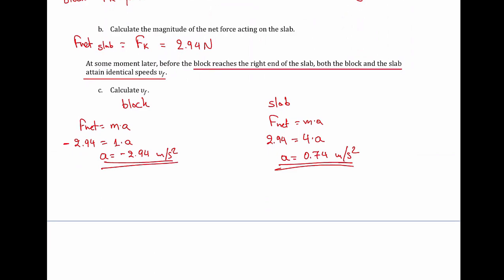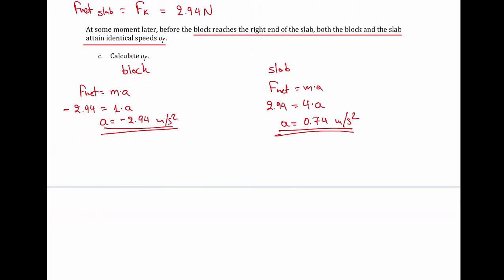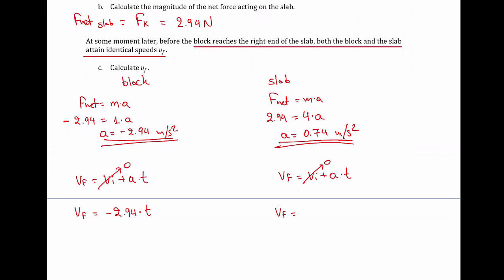Now, we need to find the final speed of the two objects. We don't know what this final speed is, and we don't know after how long this happens, but we know that V final is equal to V initial plus at, for both objects, and this V final is identical. So for the first object, V final is equal to V initial, which is 0, minus 2.94 times t, and for the second object, V final is equal to V initial, which again is 0, or let me just, I think we made a mistake somewhere.